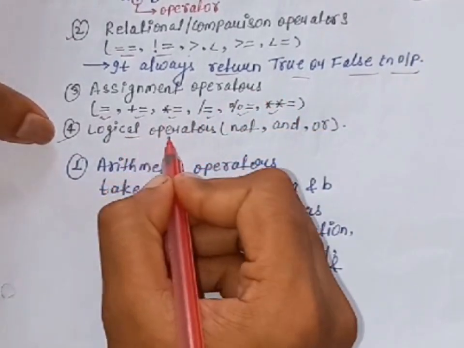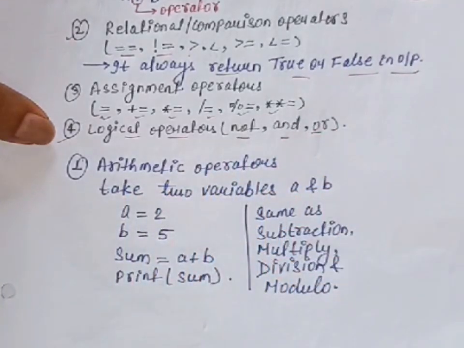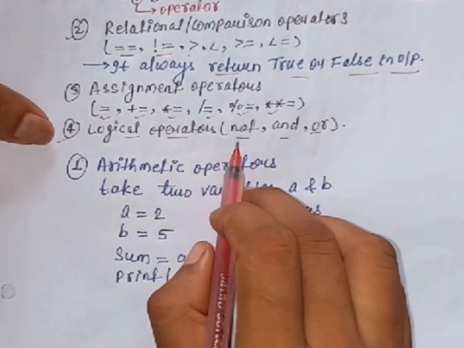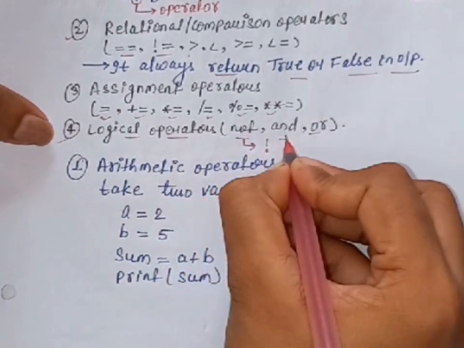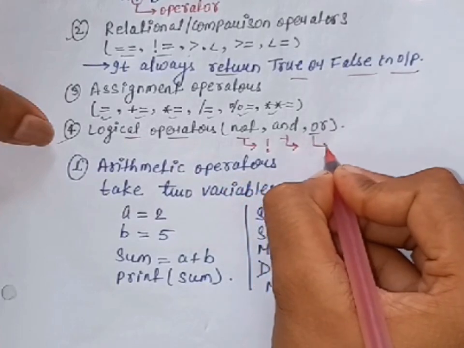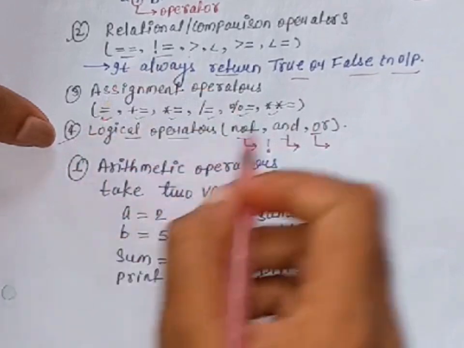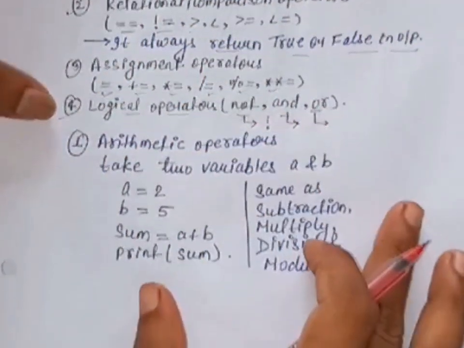Fourth one is logical operators: not, and, or. We can use these operators as logic, means we can write and in our program, we can use or in our program. We'll discuss all these operators in very detail in our upcoming lecture.